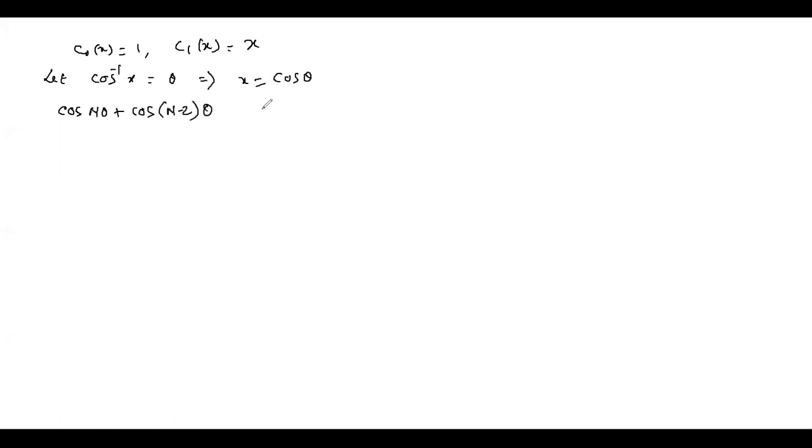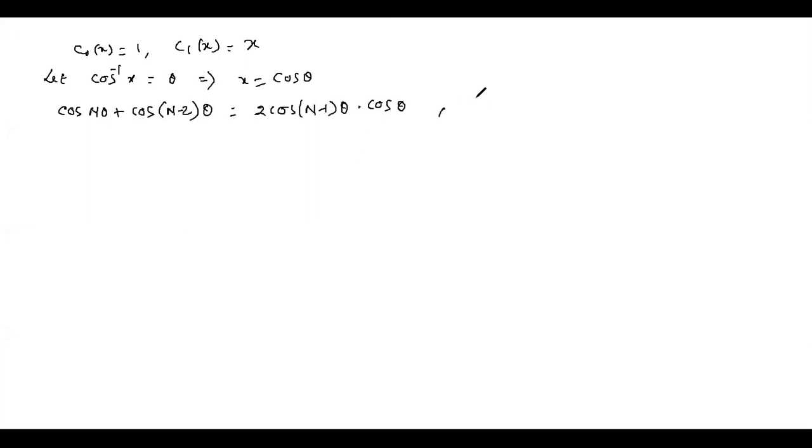Similarly we can find C2(x), but to find higher orders we will proceed like this. We got C0(x) = 1 and C1(x) = x. Now, to find the higher order Chebyshev polynomials, let cos⁻¹x = θ, then x = cos θ. Then cos(nθ) + cos((n−2)θ): using cos C + cos D = 2 cos((C+D)/2) cos((C−D)/2), C+D by 2 is (n−1)θ, multiplied by cos of (C−D)/2, which is (nθ − nθ + 2θ)/2 = θ.